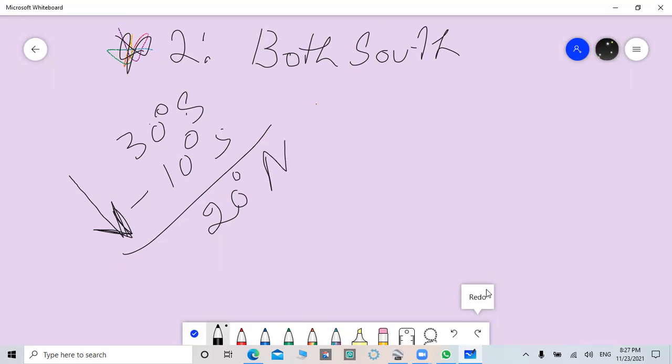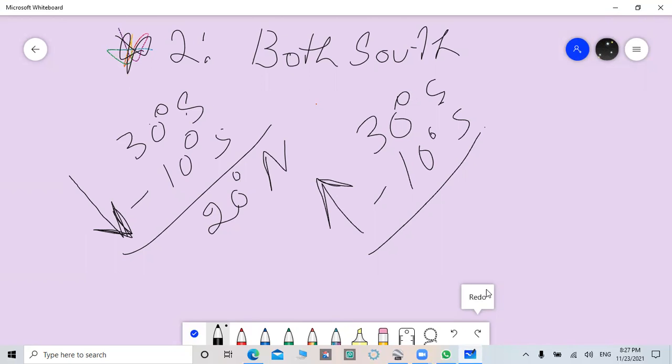And if you go lower to higher, 30 degrees minus 10 degrees, and this is both south, I told you, then it will be south. So it will be 20 degrees in both cases. South will produce again another south.